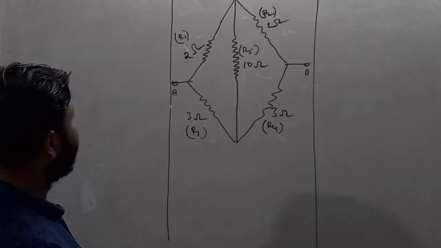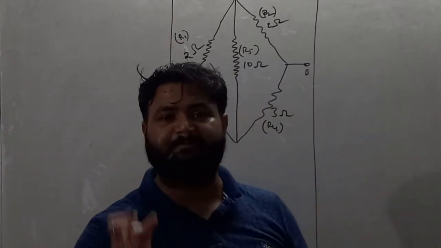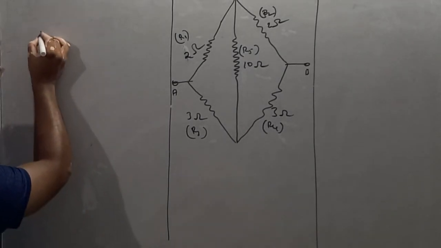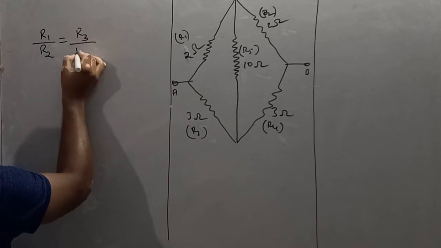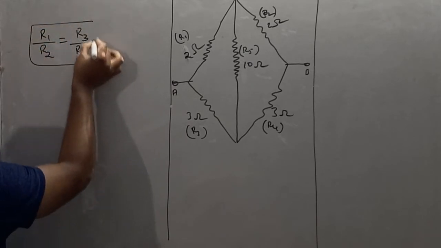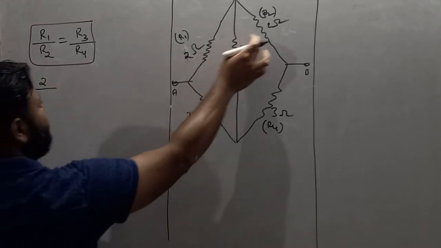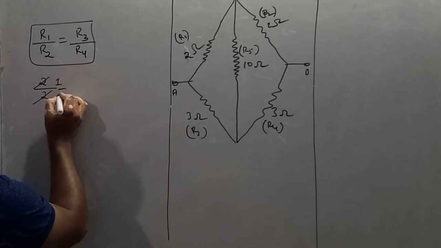First you have to check whether the Wheatstone bridge is balanced or not. The process for checking the balance condition is R1 by R2 equals R3 by R4. R1 is 2 and R2 is also 2, so 2 by 2 gives 1 by 1.